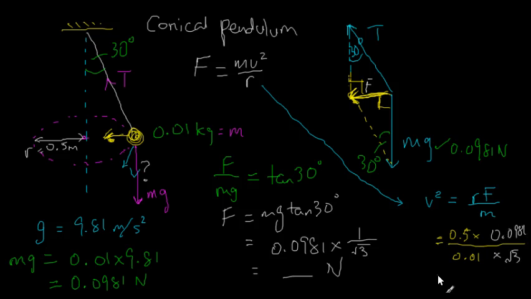With our calculator, we can find an answer. But remember that this is v squared, so to find our final answer, we need to take the square root of that. I shan't go through the calculation, but you can find the answer, and mustn't forget that the units are meters per second.